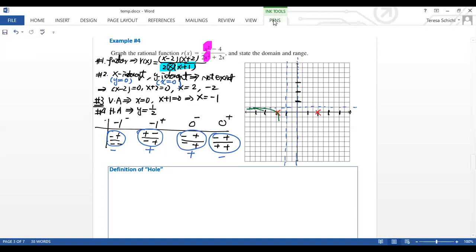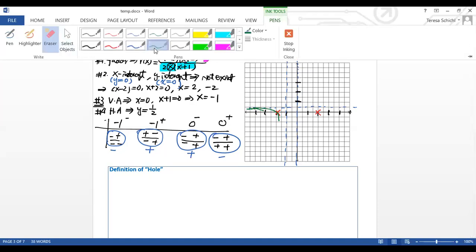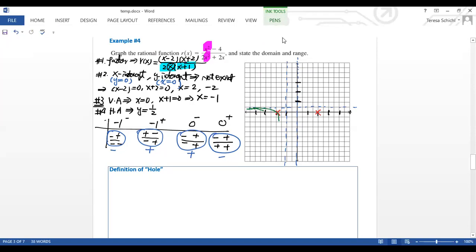All right, so the first leg is here. It is going to go something like that, going down, and this leg is going to approach the asymptote at 1/2 here.